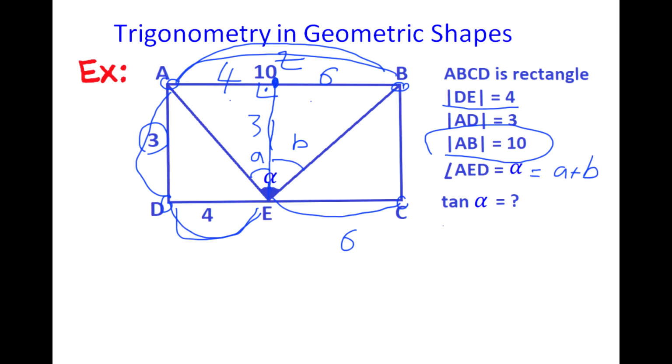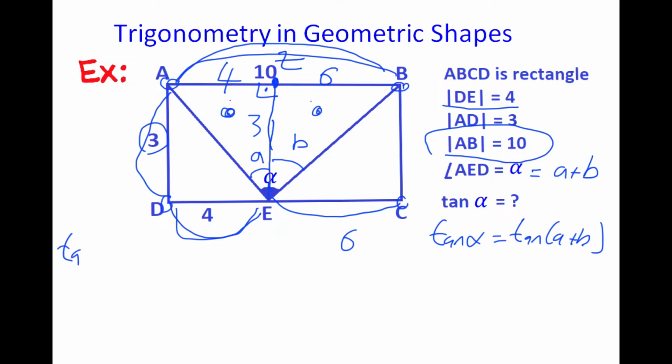And then our question becomes tangent alpha is equal to tangent of A plus B, guys. Now the question becomes a little bit easier, because if you know the sum formula for tangent of A plus B, then we can easily find out the value of this. Why? Because we can easily calculate tangent A from the left triangle and then tangent B from the right triangle, right?